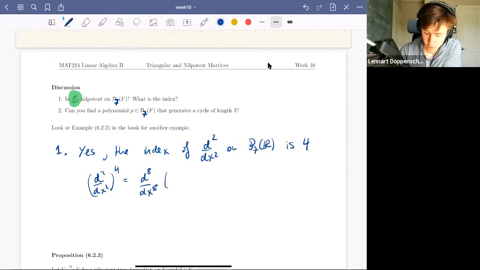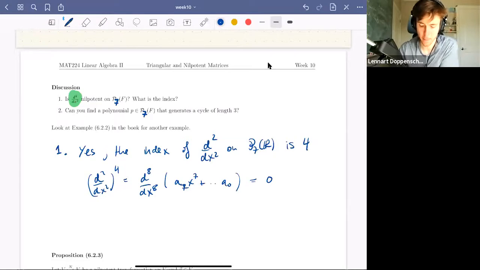And if you apply this to p of x, something of degree at most 7, this will be 0. But everything below that, so if you took the power 3, then we'd have the 6th derivative, and then there could be non-zero. So for example, x to the 7 would be 7 factorial times x. No, it's just 7 factorial, no, times x. And it would not be 0. So this is in fact the index.